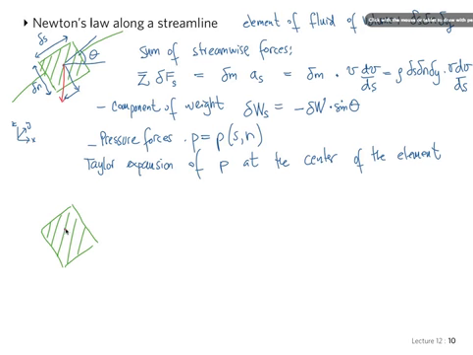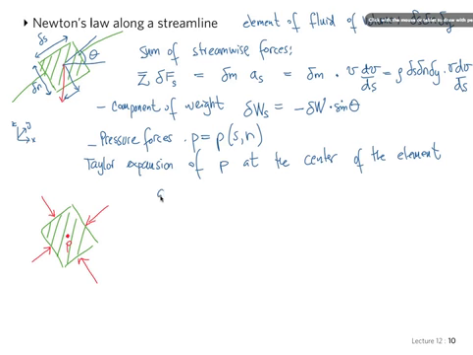And I'm going to use red for the pressures. We have pressures on every side of this element, but the pressure here is P, and we're going to use Taylor expansions, and there's going to be a dP in the S direction and a dP in the N direction.